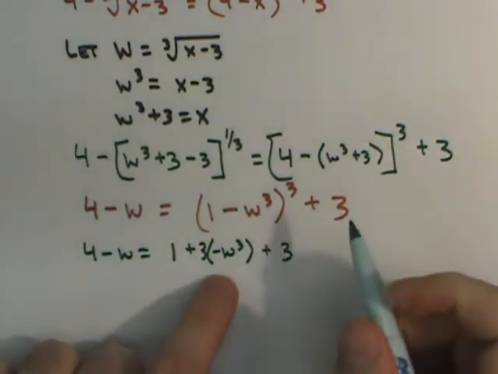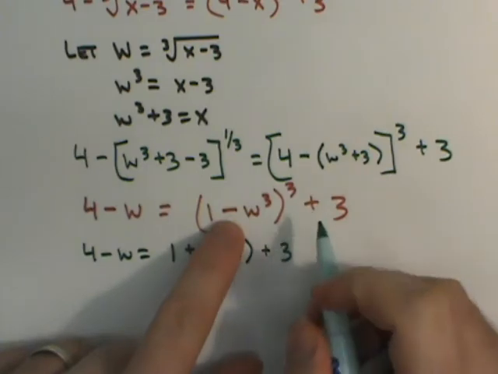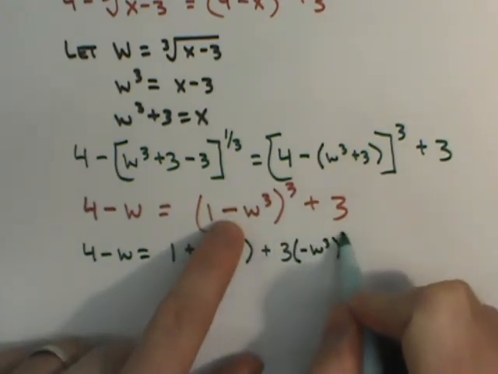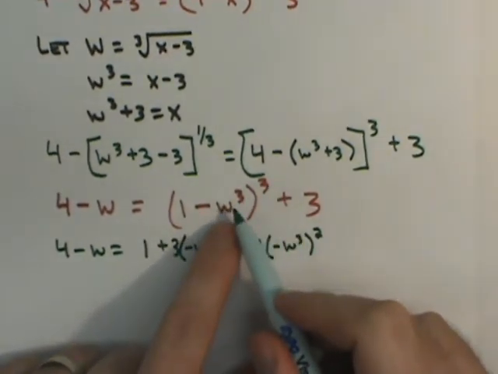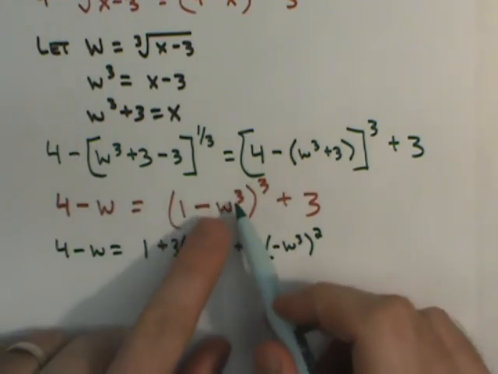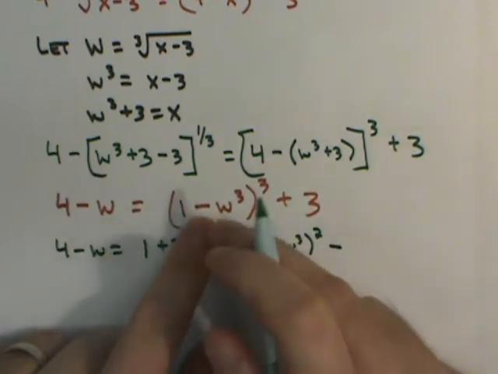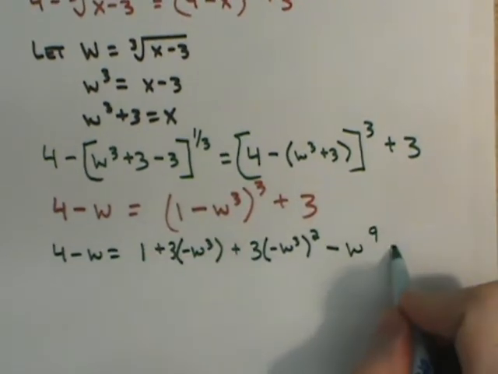Plus 3 times a, which would be 1, times b squared. Now b squared this time would be negative w cubed squared. And then the last part of my expansion would be this term raised to the 3rd power. So negative w cubed cubed would be minus, because 3 negatives would be negative, w to the 9th, plus 3.